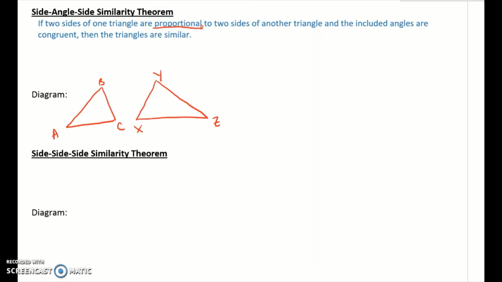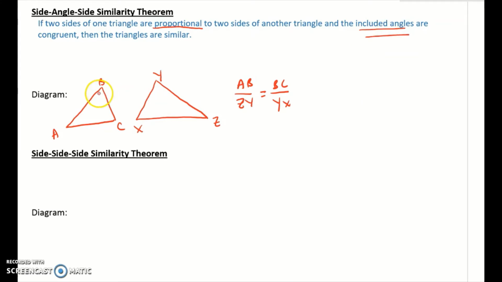So for example, if you take a look at these two triangles down here, ABC and XYZ, if I knew, for example, AB and its corresponding side ZY, that ratio is equal to BC and its corresponding side YX, that's proportional. So those are two pairs of sides that are proportional. Then we need to know that the included angles are congruent.